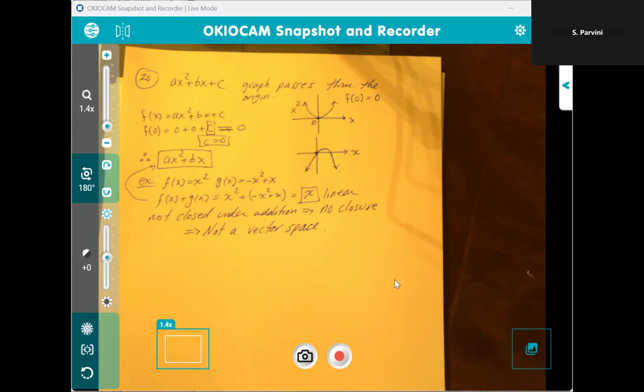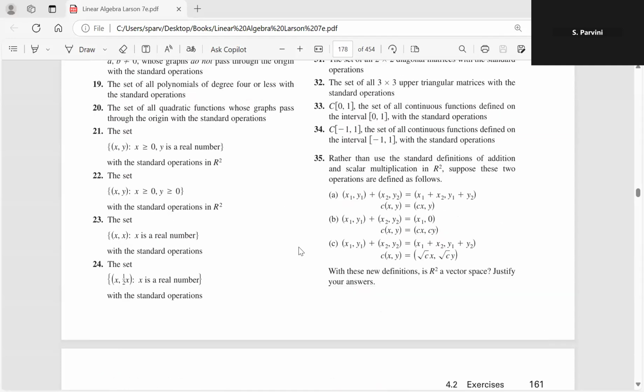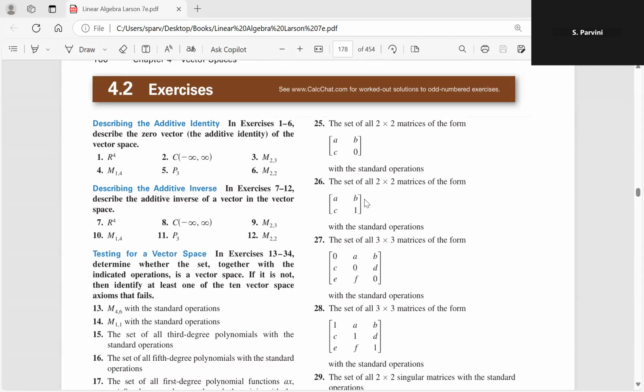Now, let's take a look at another exercise. We're going to go to another example here. Let's take a look at number 26.